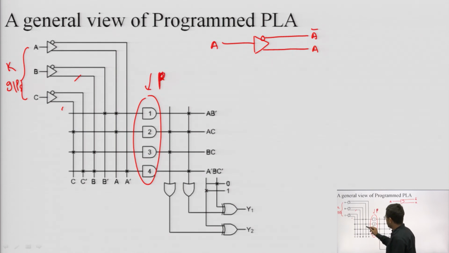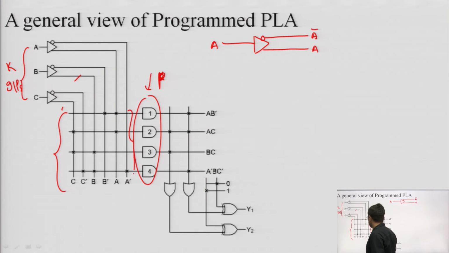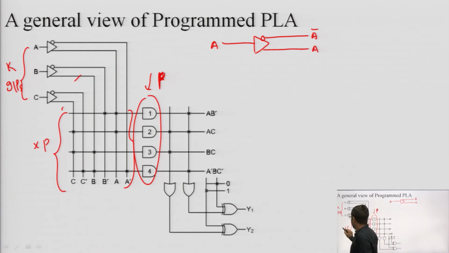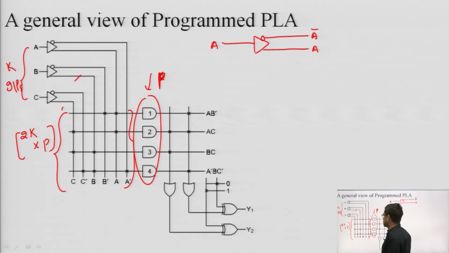The number of programmable links here will be 2 into k into p, not 2 raised to power k. Why 2 into k? Because there are k inputs and each is also available in complemented form. So we have 2k into p programmable links here.